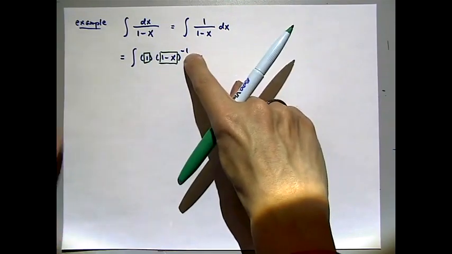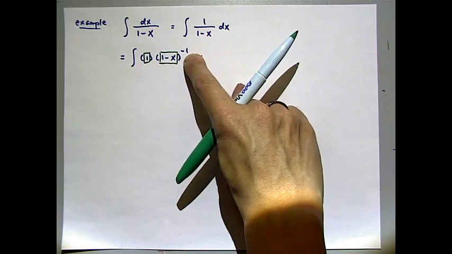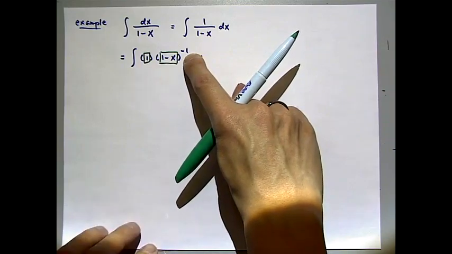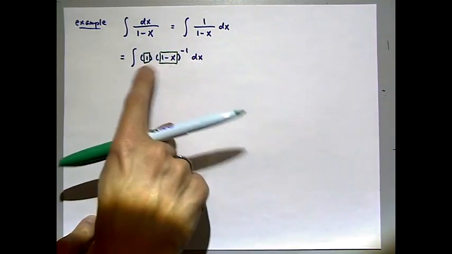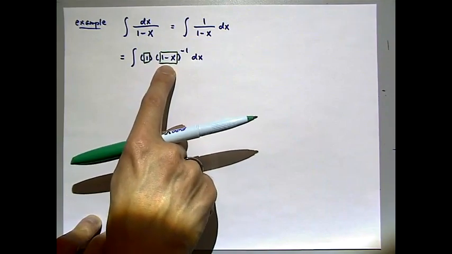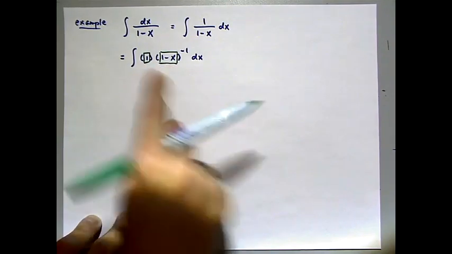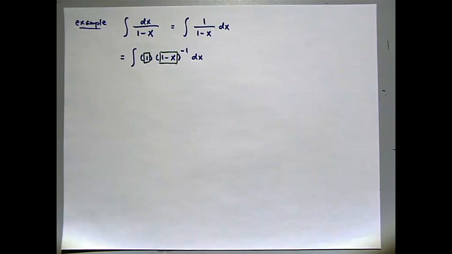Again, we've momentarily ignored that power of minus 1. We're looking at the root of that function, 1 minus x versus 1. So those are the two parts we're comparing.